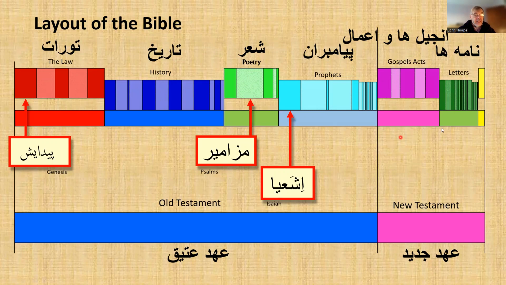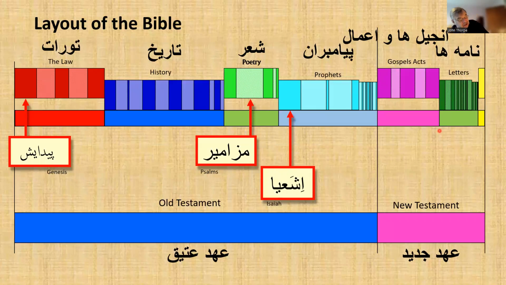Now, the New Testament is not as big as the Old Testament. It's smaller. The Old Testament has 39 books, and the New Testament has 27.